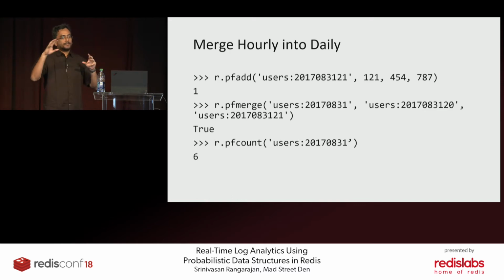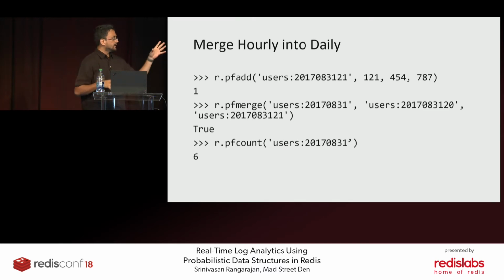Even if you have all the 24 keys at 12 KB each, your destination key, that is the daily key, is still going to be 12 KB. And that's pretty amazing. I started rolling up hourly into daily and daily into weekly and monthly and so on. So it gives you real power, right?